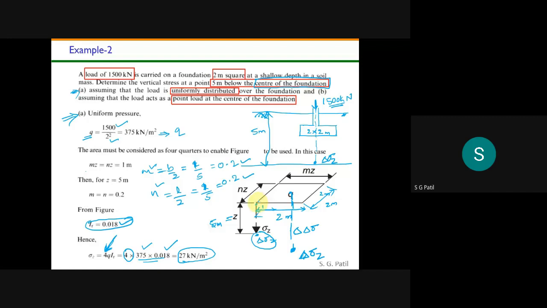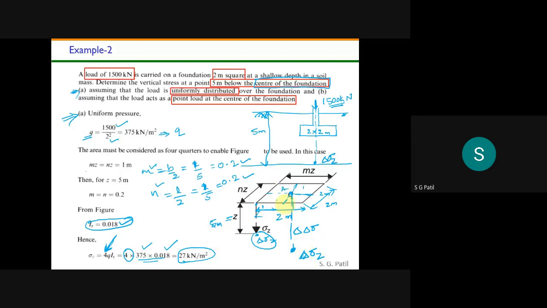So I have to modify this square so that this point becomes the center. How can I modify it? Simply divide this into 4 equal smaller squares, A1, A2, A3, A4. Now calculate for one area and multiply by 4. It will give me the stress increase at the center.